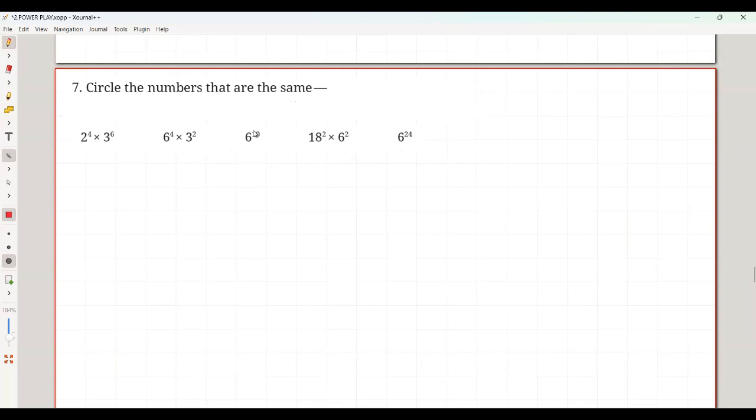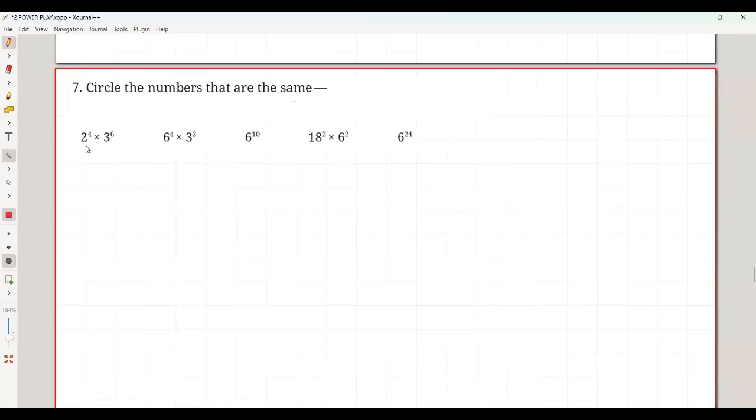So make it as prime factors. The simple thing is make the number as prime factors. If it's not a prime, make it as a prime. Now 2 power 4 and 3 power 6, both are prime numbers. 2 and 3 are both prime numbers. We can just leave this one as it is.